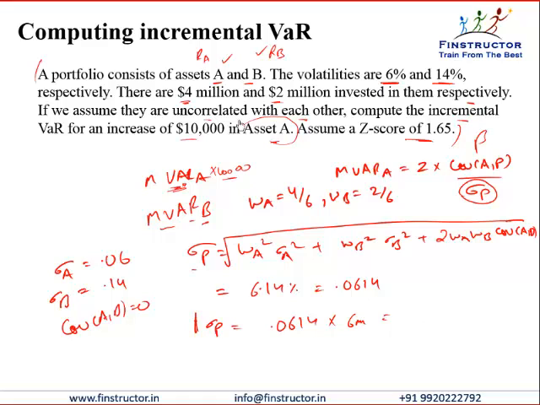Now please note, in such a situation, the covariance of A and B is equal to 0.